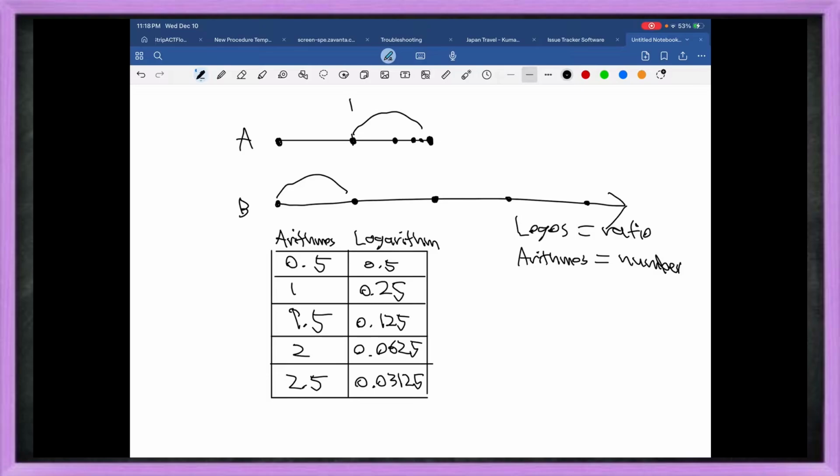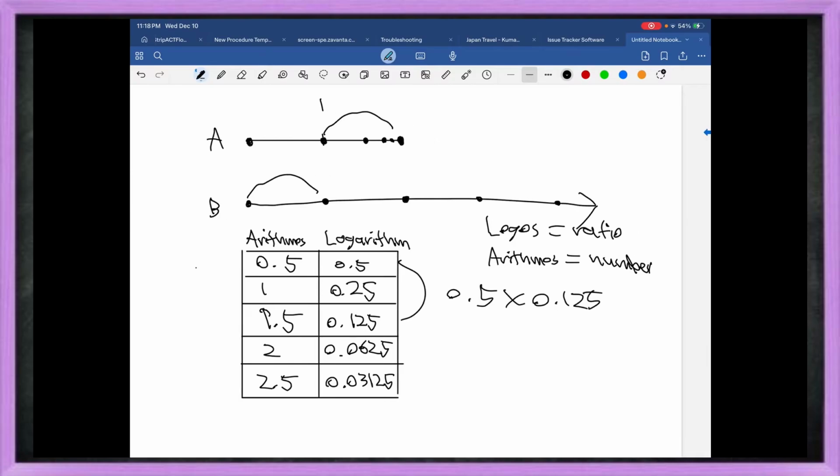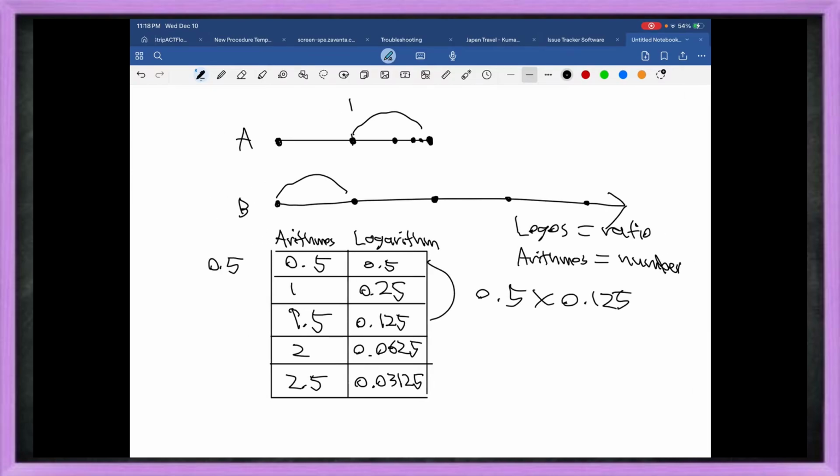And it works for every number on here. So let's say we want to multiply 0.5 times 0.125. Well, 0.5's number is 0.5, and 0.125's number is 1.5. So 0.5 plus 1.5 equals 2.